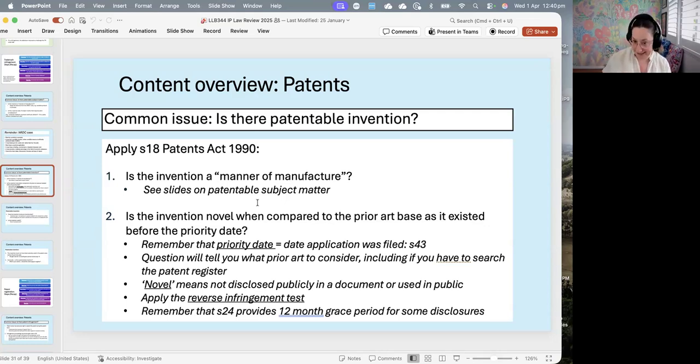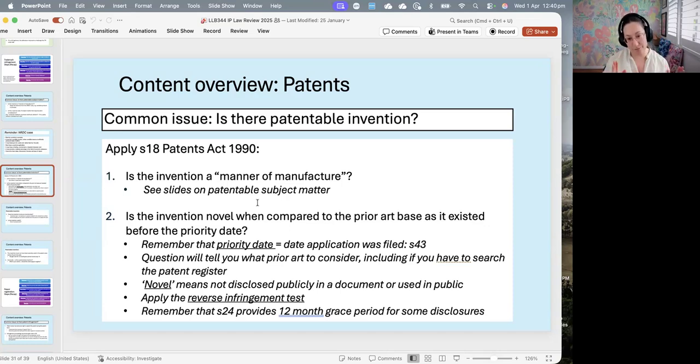So if I have invented something, and I'm a university researcher, I probably want to be talking about my invention in my research publications, at my conferences, with my academic peers. I can do that for 12 months before I register for my patent and not lose patent protection.